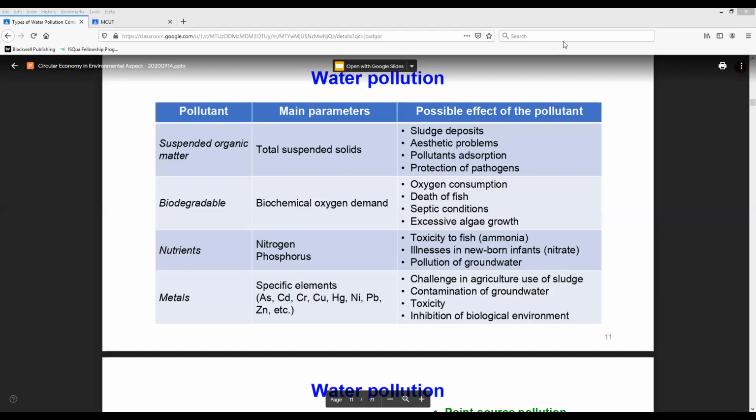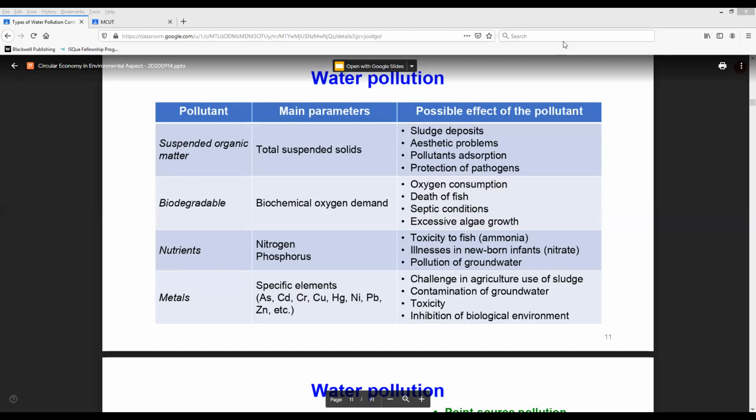About this, the next one is called nutrient. Nutrient is basically toxic to fish, especially the ammonia. The ammonia is very toxic to fish, and it can also cause sickness in newborn babies, especially the nitrate.